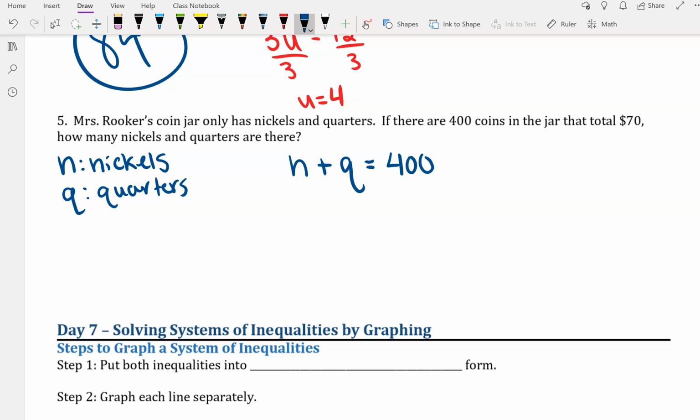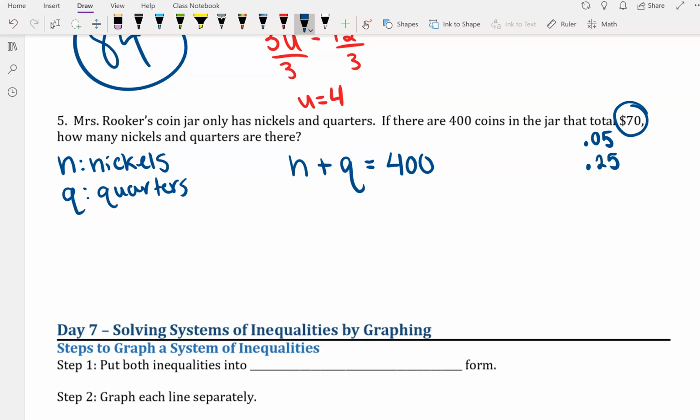The next equation is going to represent the amount of money that everything is worth. So nickels are 5 cents, and quarters are 25 cents. We want to write those as decimals because they're not worth $5 and $25, and our units right now are in dollars.